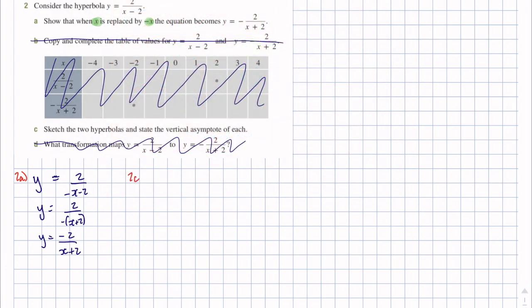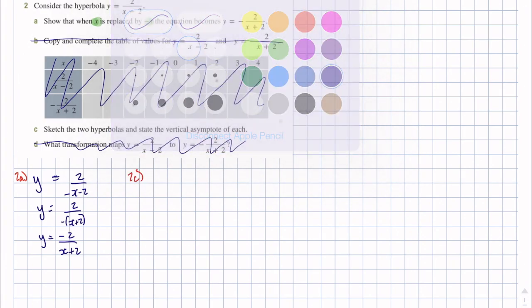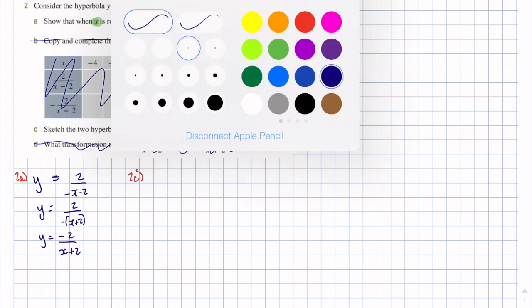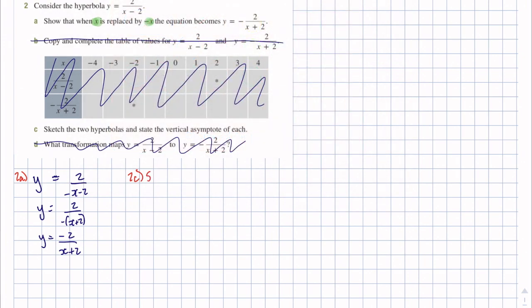For 2C, we're going to sketch. So I'd just like to remind you, if we had 1 on x, the asymptotes x equals 0, y equals 0, so it would look like this.